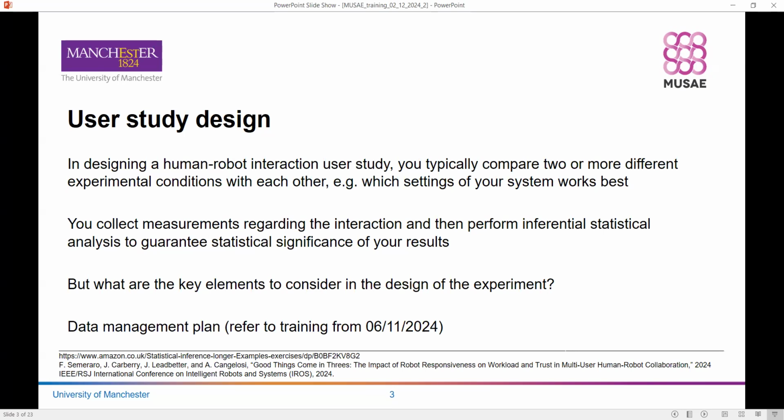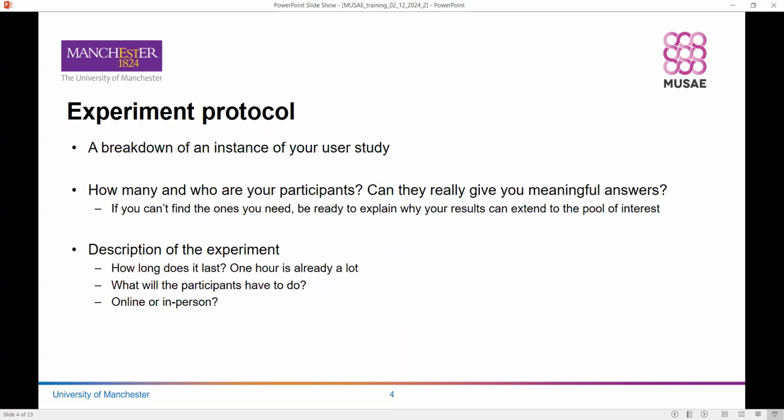We are going to go through the other documents that are typical of a user study design, starting from the experiment protocol, which is probably the most important document, representative of your user study design, because it's namely a breakdown of an instance of your user study.